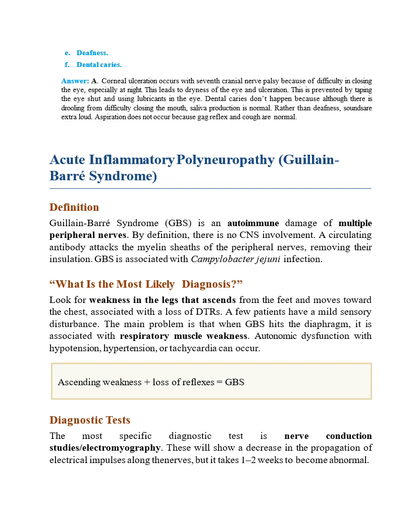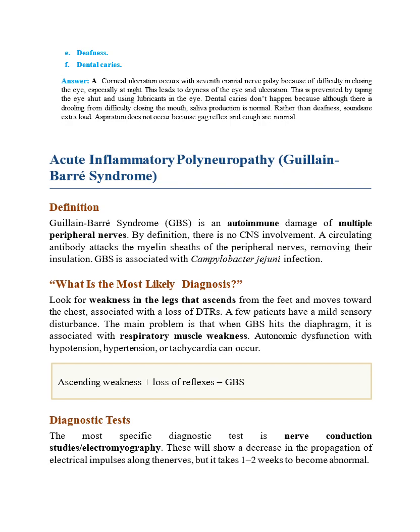If the question asks what symptoms we're looking for, or what is the most likely diagnosis, we're looking for weakness of the legs that extends from the feet and moves towards the chest, and it's associated with loss of DTR. A few patients have a mild sensory disturbance.